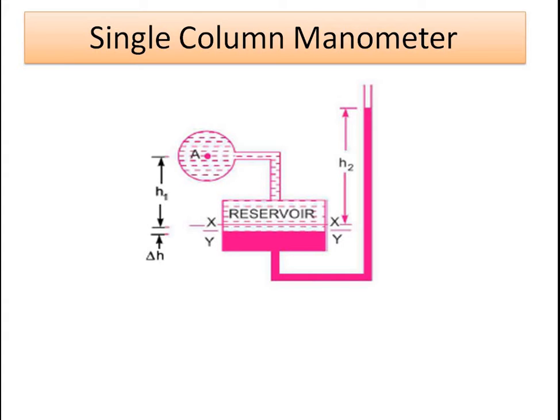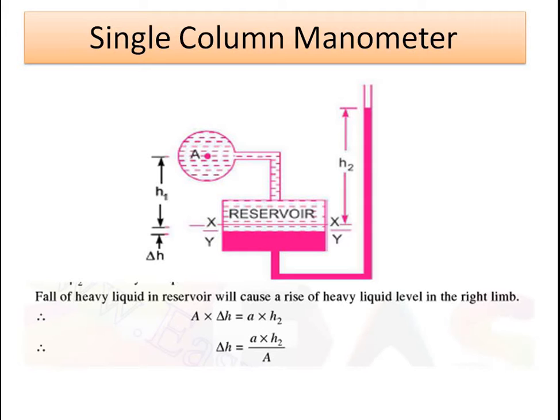We know that a fall of heavy liquid in the reservoir will cause a rise of heavy liquid in the right limb. So capital A into delta H is nothing but small a into H2, and therefore delta H can be given as small a into H2 divided by capital A.